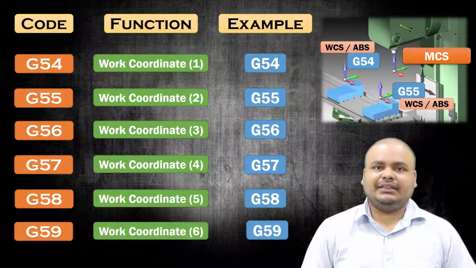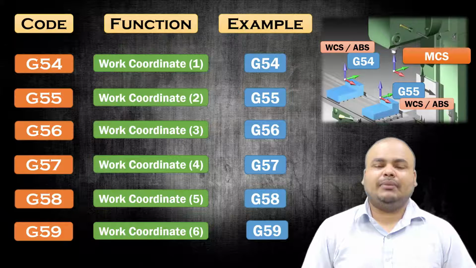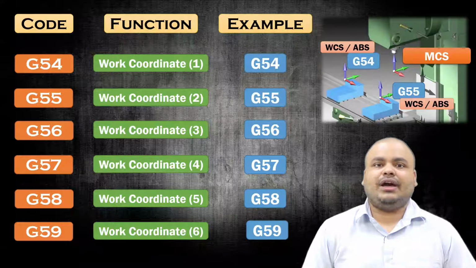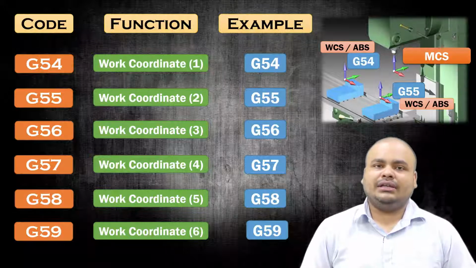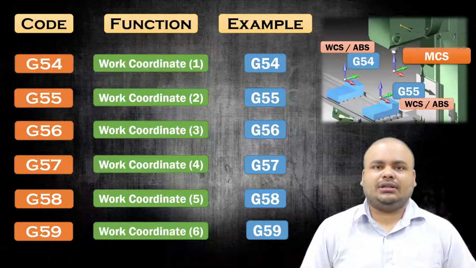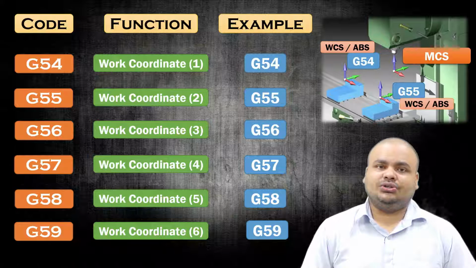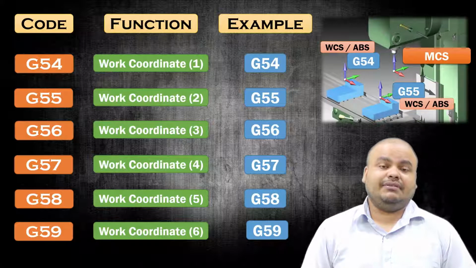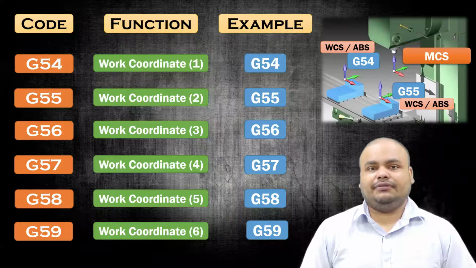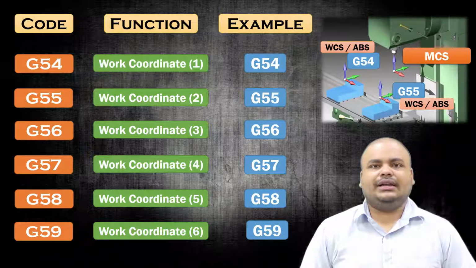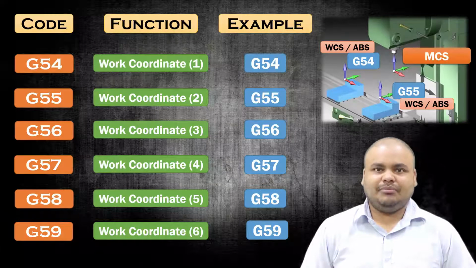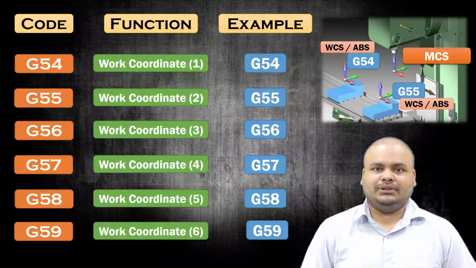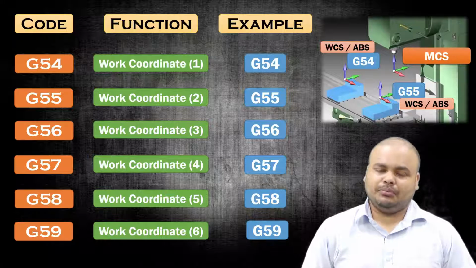We'll have sessions on that, but for the moment you should know that there are different types of work coordinate systems where we can store the origin or the datum point or the starting point of a particular job. So G54, G55, 56, 57, 58 and 59 are the different work coordinate storage systems in which we can store the origin of a particular job, and as per that we have to do the programming.